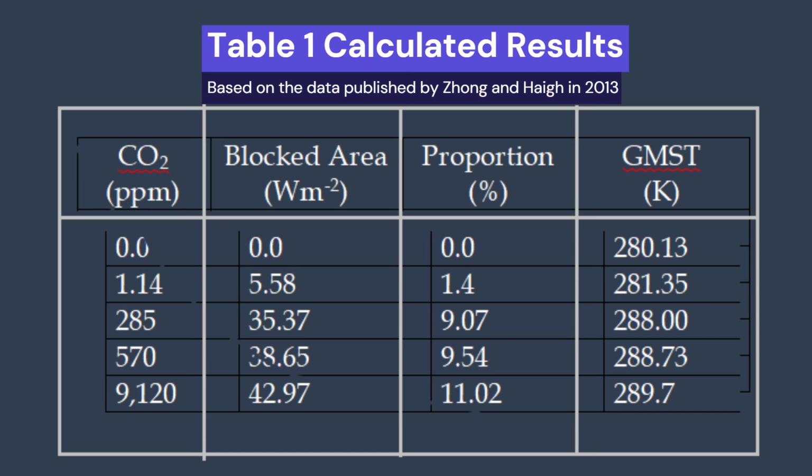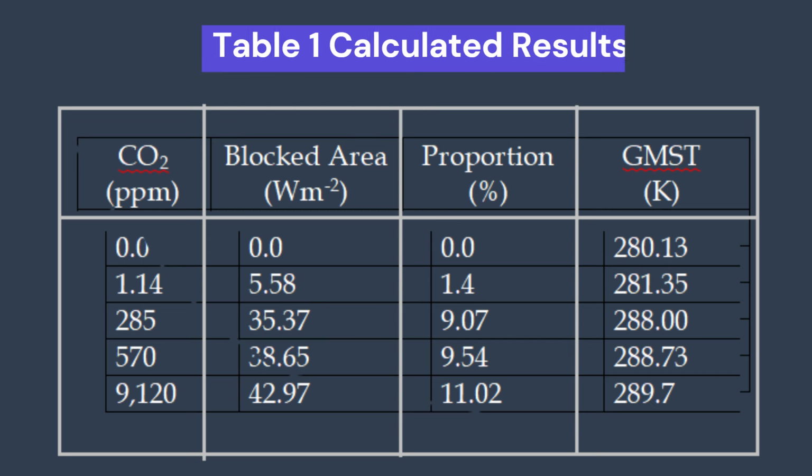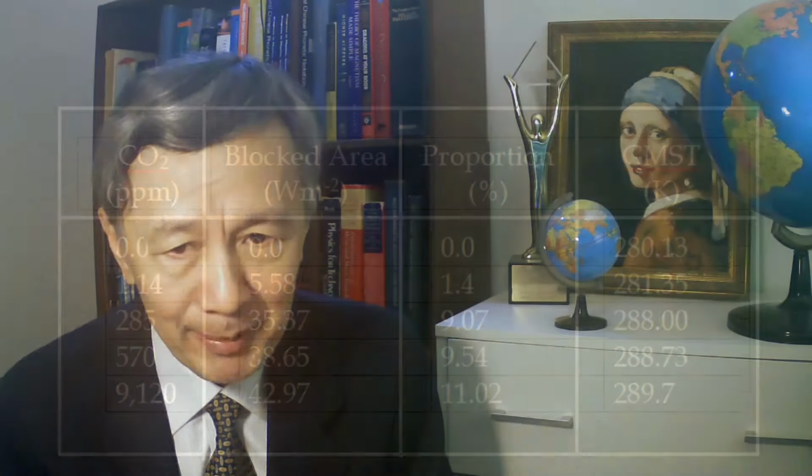This is amazing. The proportion of the alleged CO2 blocking is less than 10% below several thousand ppm, and only increases by 1% when the CO2 level becomes as high as 9,120 ppm, which is very close to what I estimated two years ago.